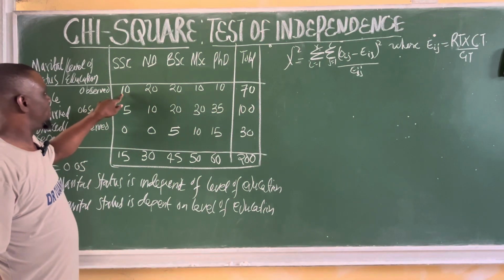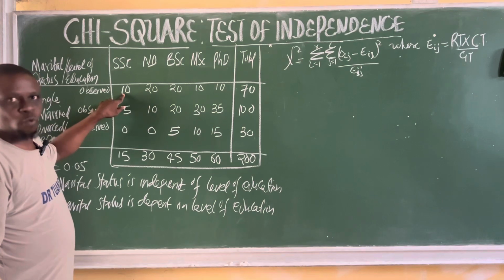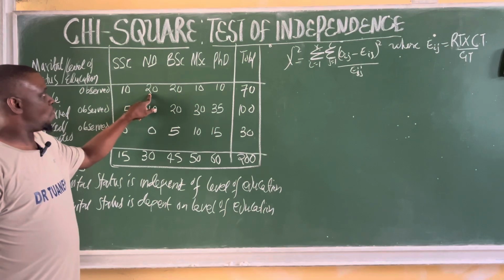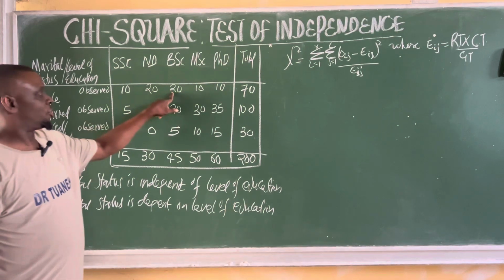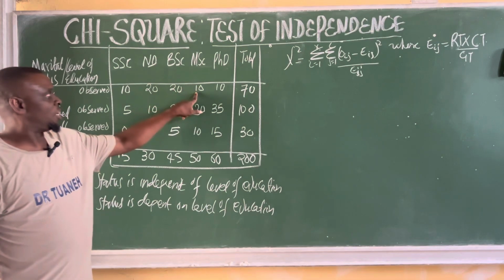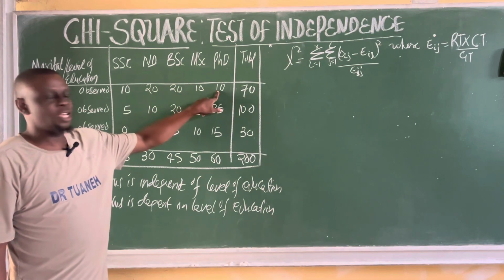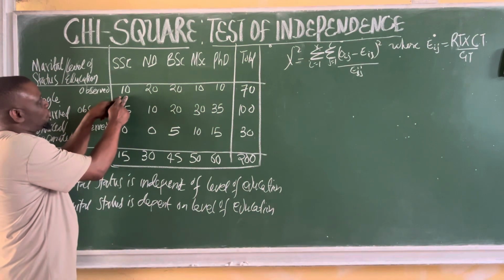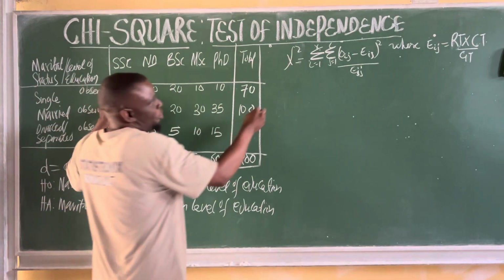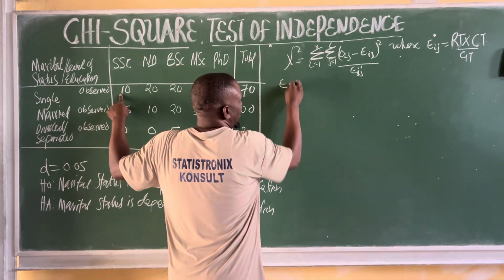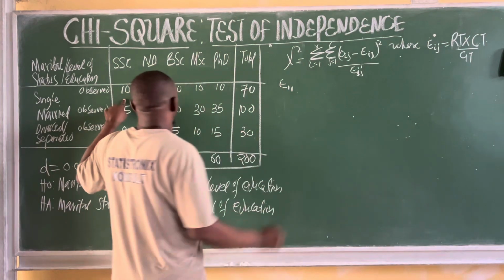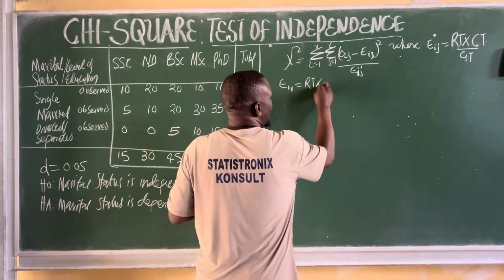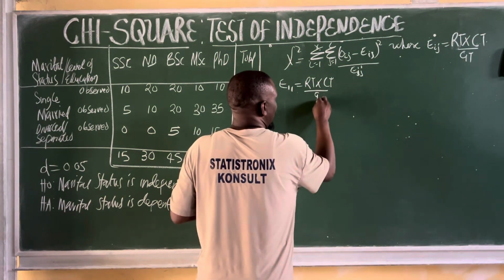If we call this cell 1,1, meaning row 1, column 1, cell 1,2, row 1, column 2, cell 1,3, row 1, column 3, cell 1,4, row 1, column 4, and cell 1,5, row 1, column 5. To get the expected value for cell 1,1, we can call that E11. That expected value is going to be our row total times the column total all over the grand total.